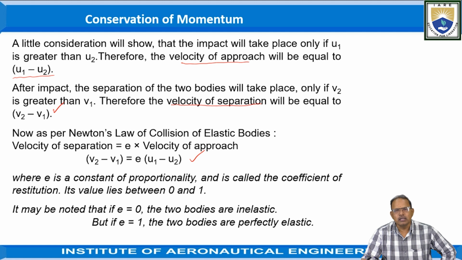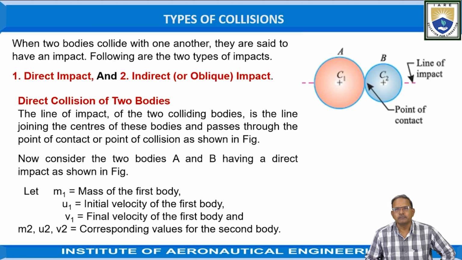Its value generally lies between 0 and 1. If e is equal to 0, the two bodies are said to be inelastic. If it is equal to 1, the bodies are said to be perfectly elastic. But for most bodies, the value lies between 0 and 1 only.